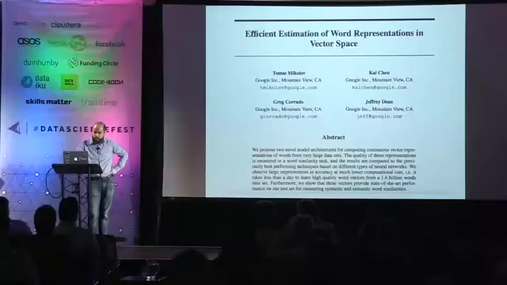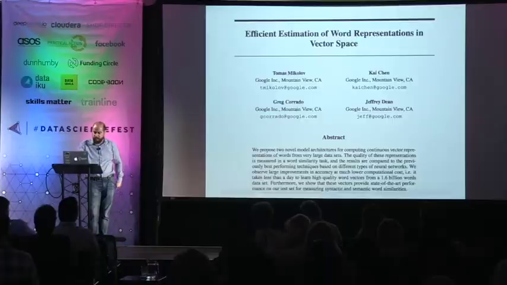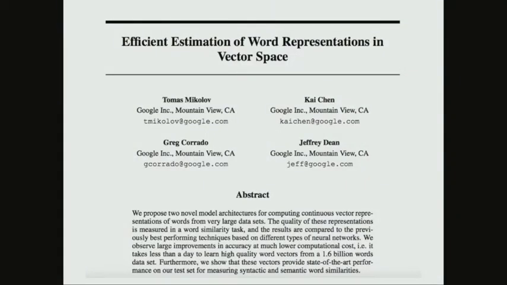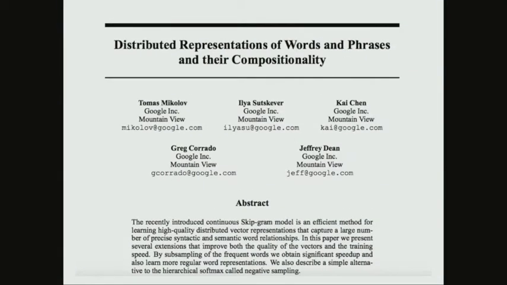This is coming from Google, Tomas Mikolov and colleagues, a few years ago. They published a couple of papers, Efficient Estimation of Word Representations in Vector Space and Distributed Representations of Words and Phrases and their Compositionality. The concepts described in these two papers ended up in what we know today as word2vec.